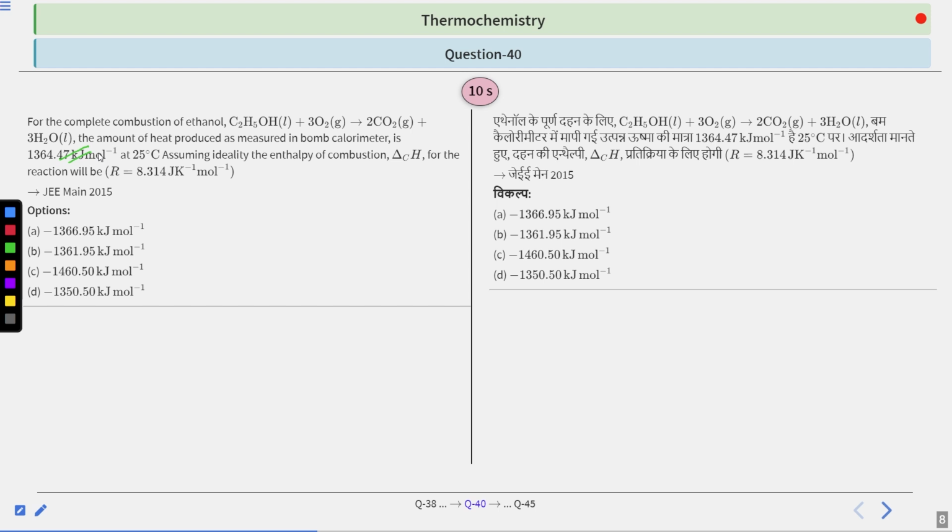So the hint for this question is that you are given the equation, and the heat produced is also given, and all these things are happening at constant volume, because this is a bomb calorimeter. I think this much hint is more than enough to solve this question. So let us start the timer. Your time starts now.